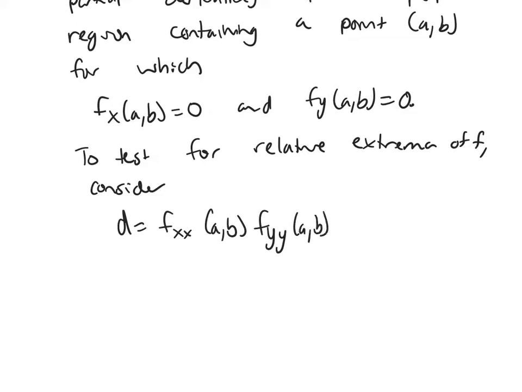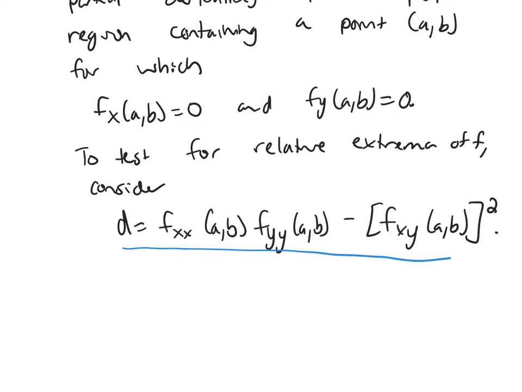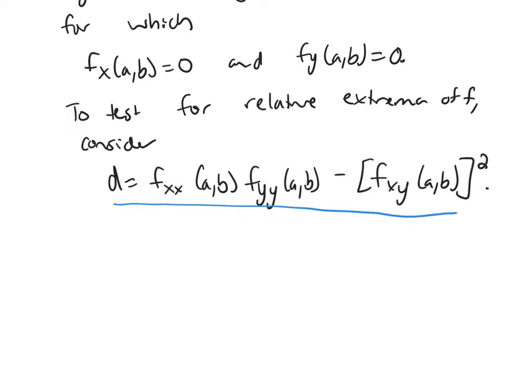fyy(a, b) minus fxy(a, b) squared. So this value D is really important. It's a formula using your second partial derivatives where you plug in your point, and here are going to be the conditions of the test.